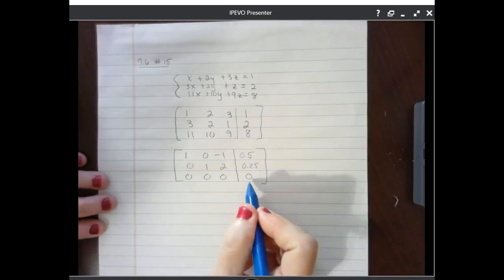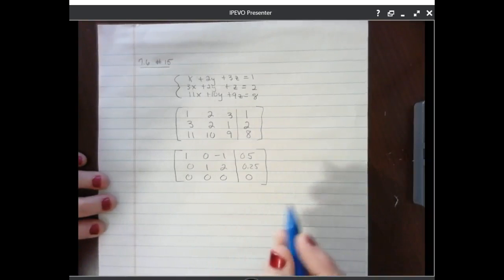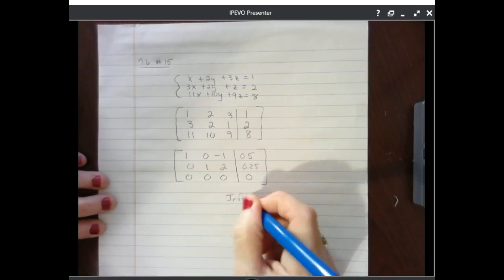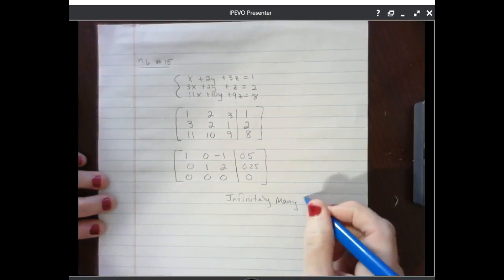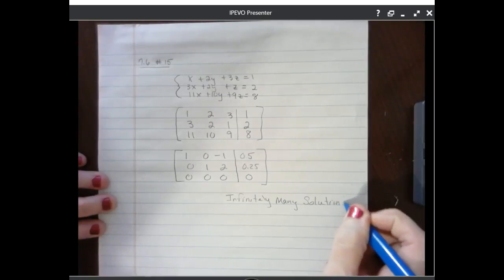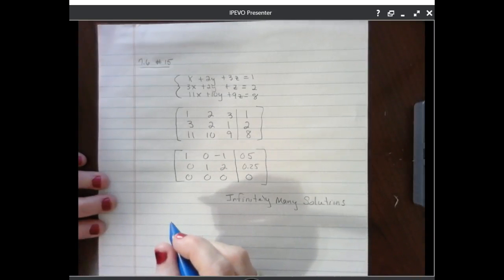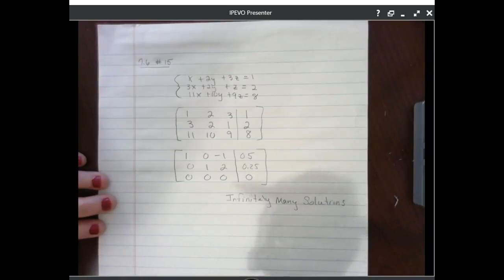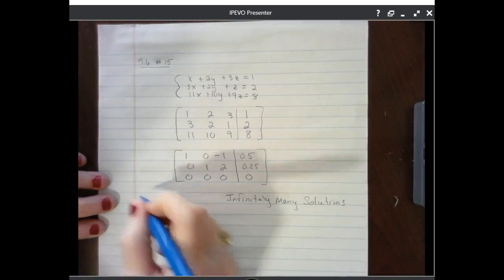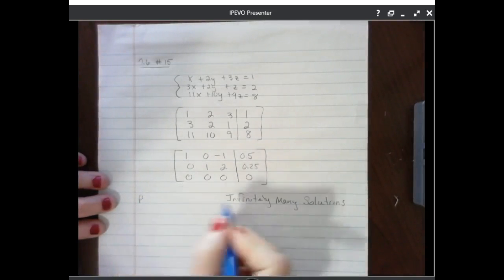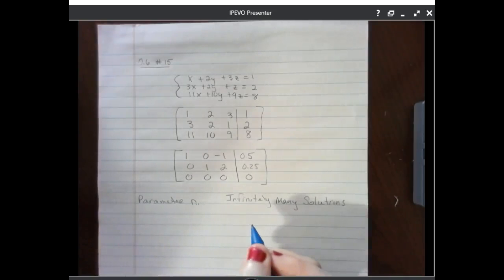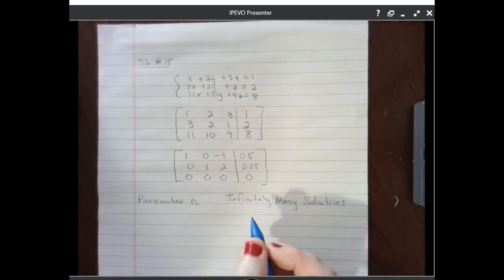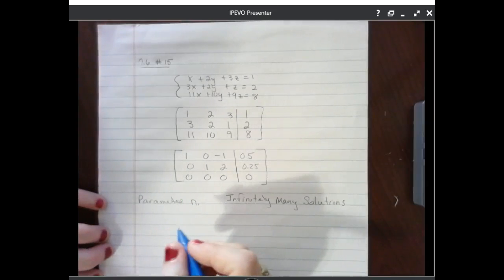That's telling me I have infinitely many solutions. But I'm not going to leave that as my answer, because the question asked us to express x, y, and z in terms of a parameter n. So we were told our parameter, if this is the case, which it is, is going to be n. So everything's going to be in terms of n.